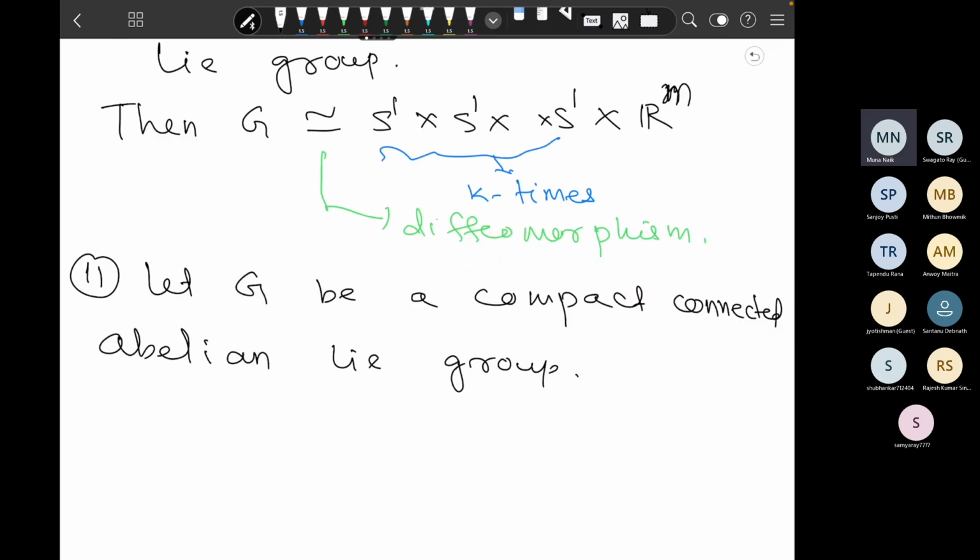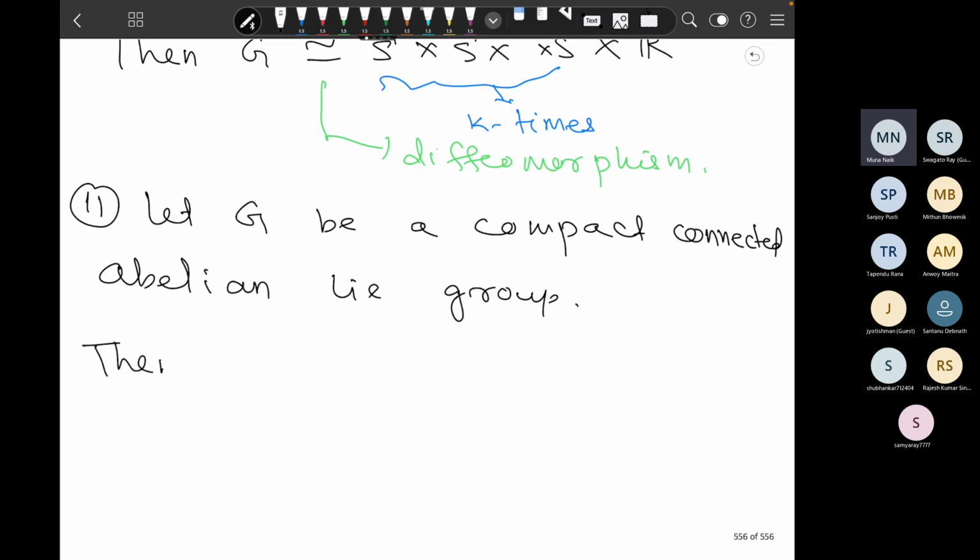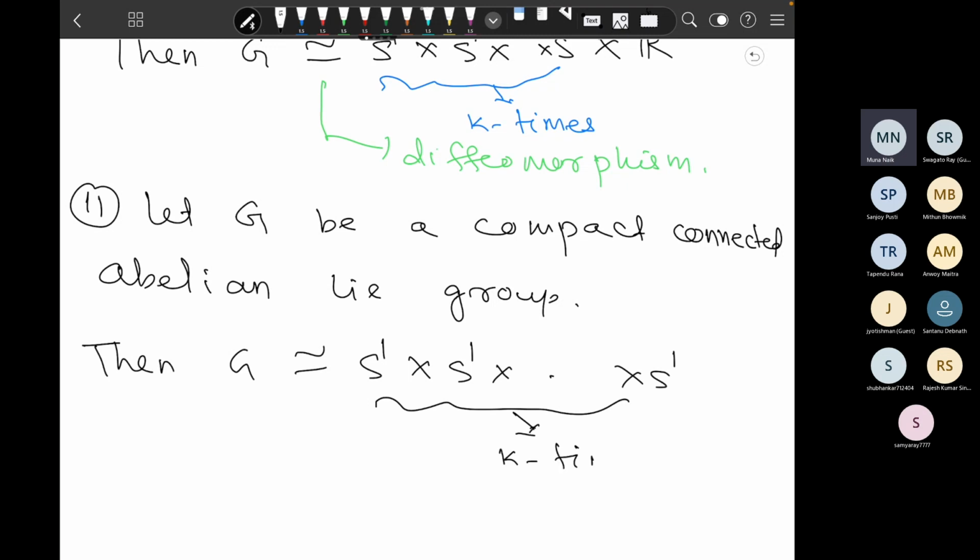There will be no Euclidean part because the group is compact. So then G is S^1 cross ... cross S^1, k times, where k is equal to the real dimension.